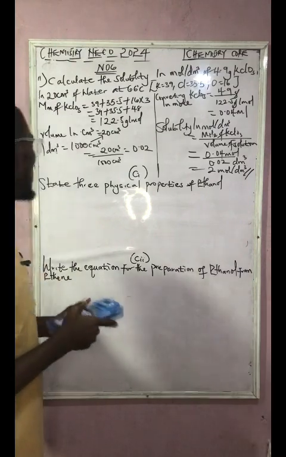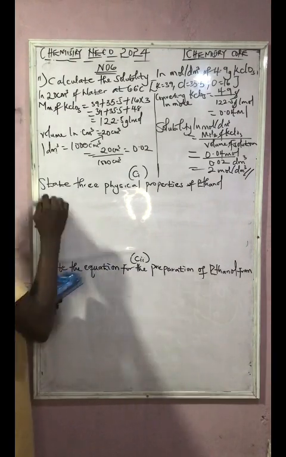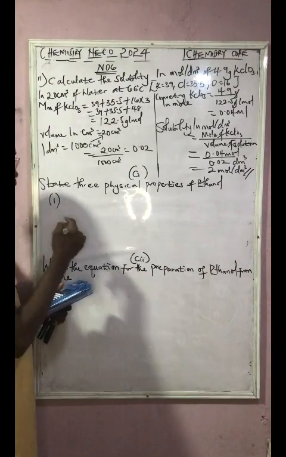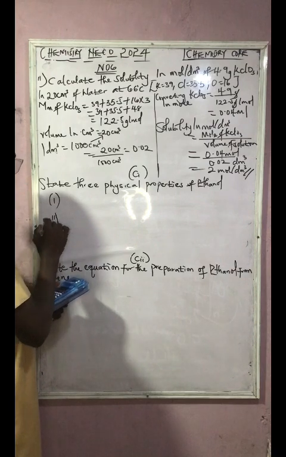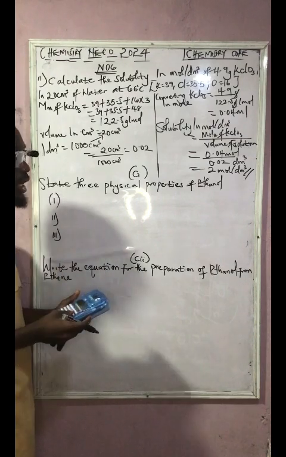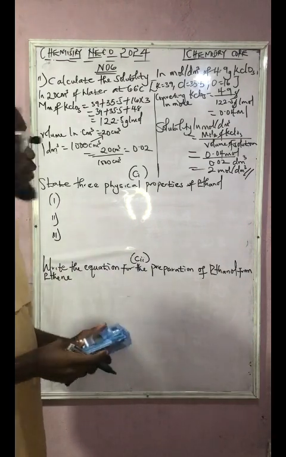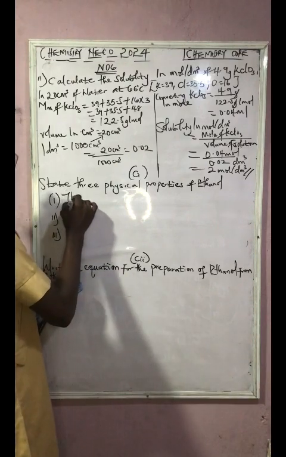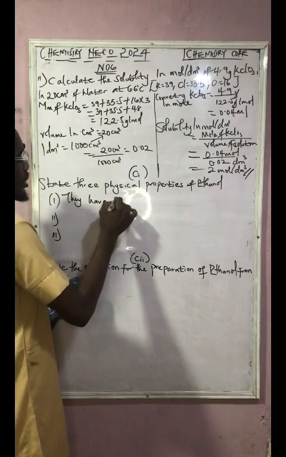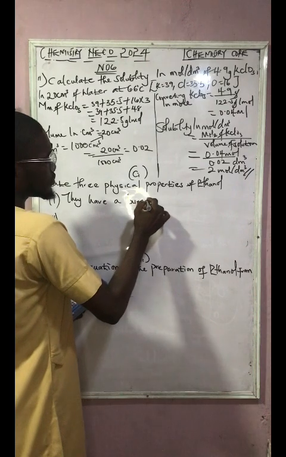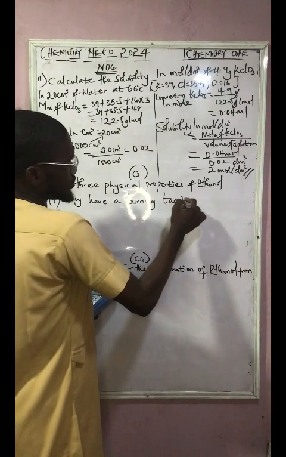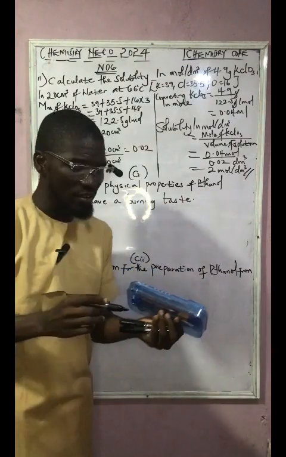So the next thing now is we have to state three physical properties of ethanol. The first one, they have a burning taste. So why did I say they have a burning taste?